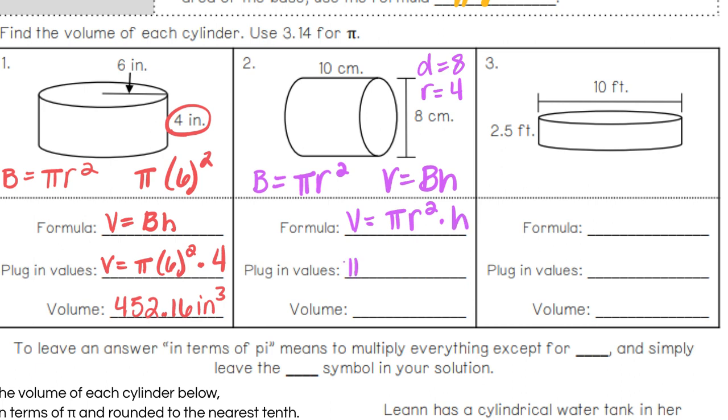So pi times our radius, which is 4, squared, times height, which is 8. So I got a volume of 401.92, in this case, centimeters cubed.